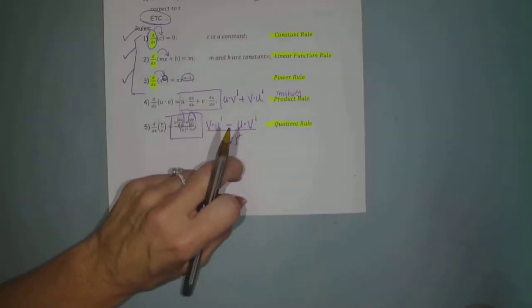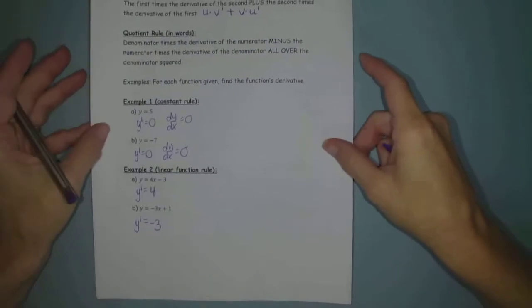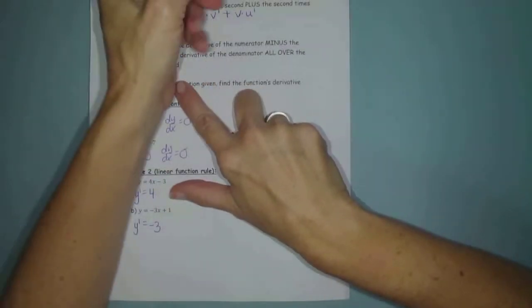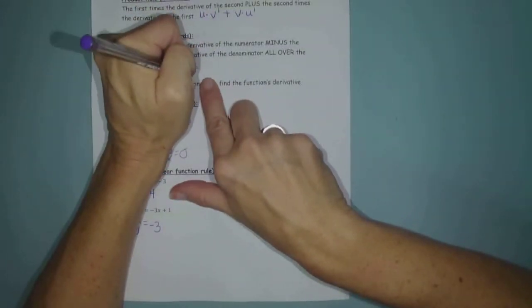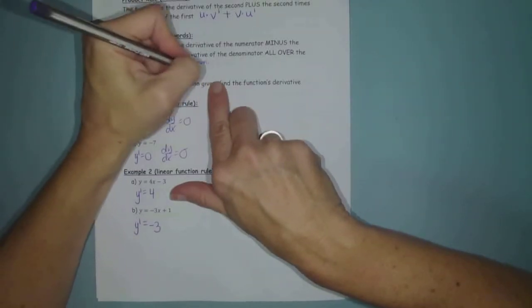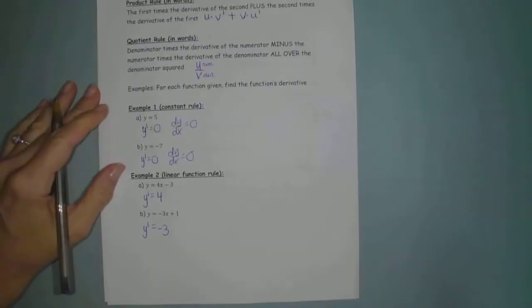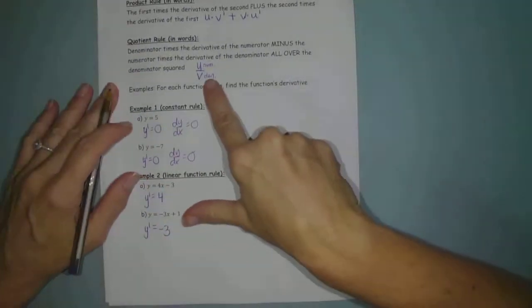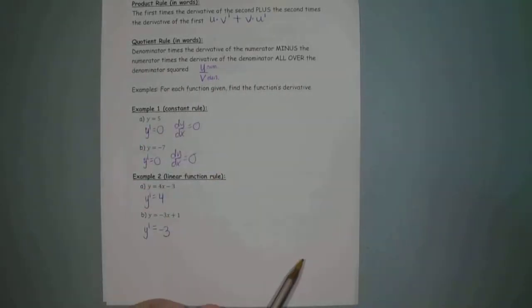Now, in words, because I'm a words person, I still do it this way to this day. If you have u over v, this is the numerator, this is the denominator. The derivative of u over v is the denominator times the derivative of the numerator minus the numerator times the derivative of the denominator all over the denominator squared.